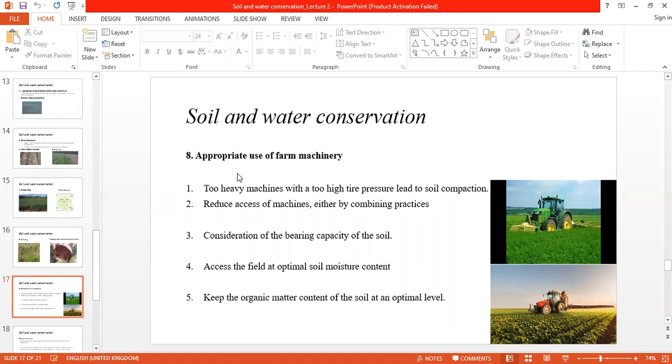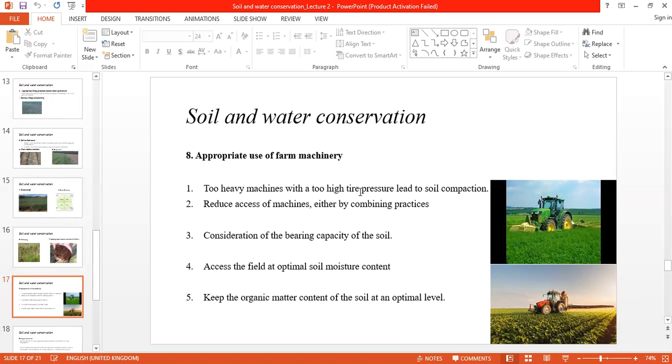Appropriate use of machinery. If you're going to use machinery on your field, we know that machinery is heavy, and when it passes in the field, it will begin to compact the soil. So you need to make sure that when you're using machinery, you follow certain rules or guidelines which ensure that the machinery does not compact your soil.